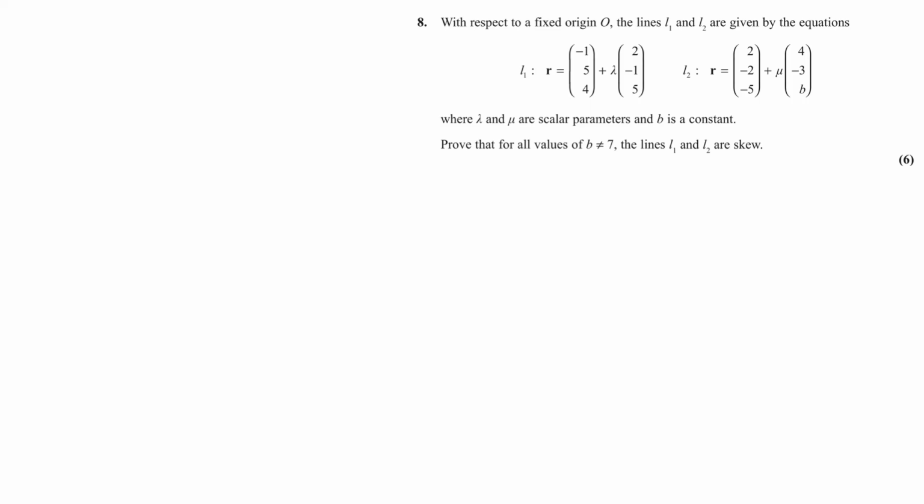Now, with this one, where candidates tended to go wrong is with this word, skew. Very few seemed to know what it meant. And what it means is this. It means that the lines do not intersect and are not parallel. Obviously, if you think in 2D, lines are parallel, they don't intersect.